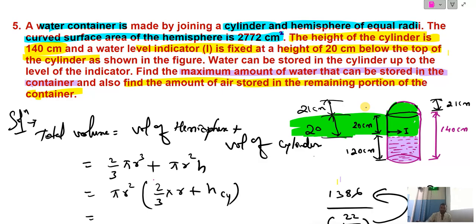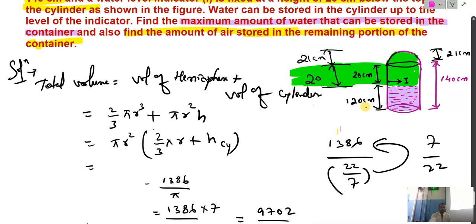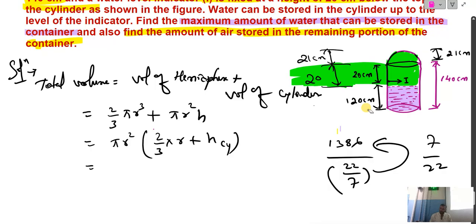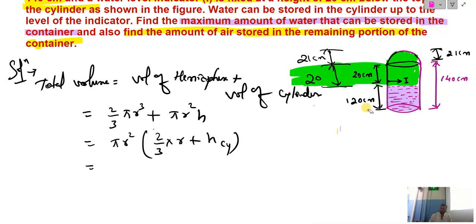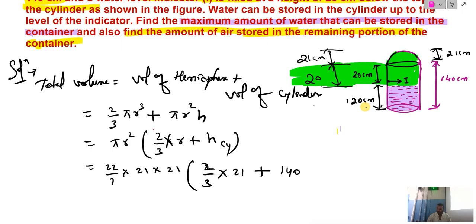Am I right? Now what is pi? 22 by 7. 22 by 7 into 21 into 21 into 2 by 3 into 21 plus, what is the total height of the cylinder? 140. Total height of the cylinder is 140.